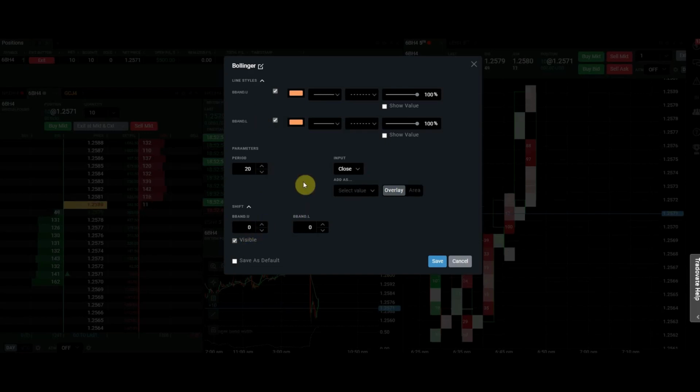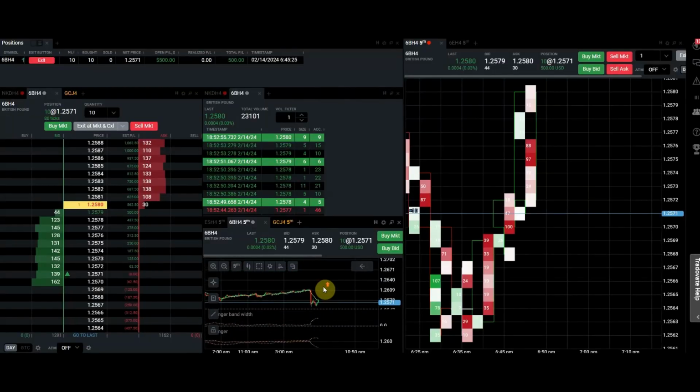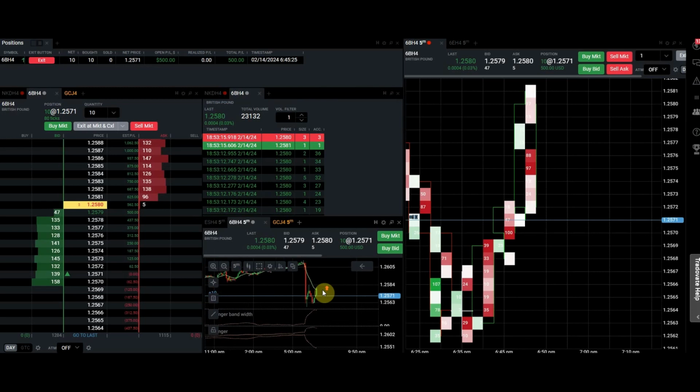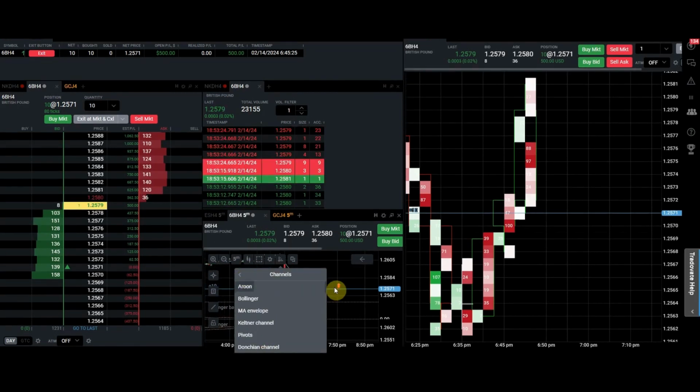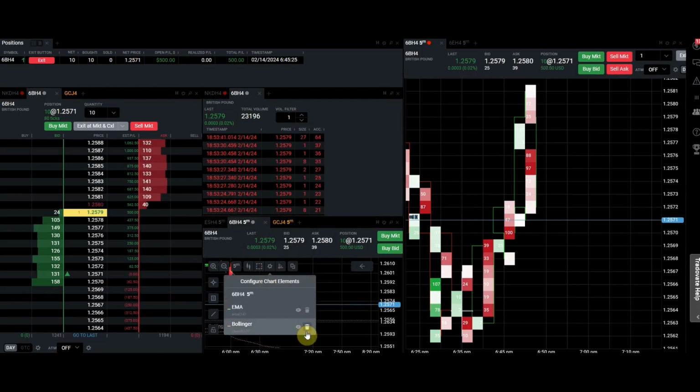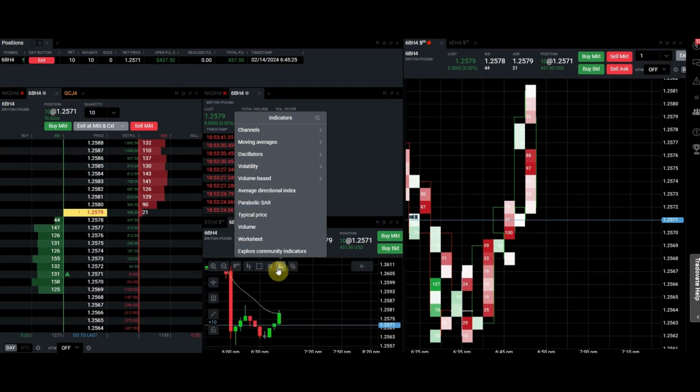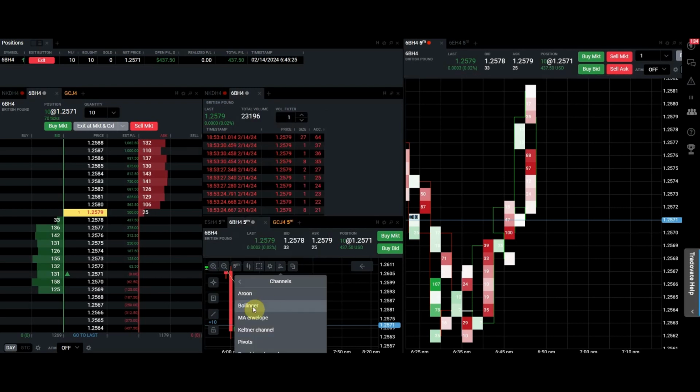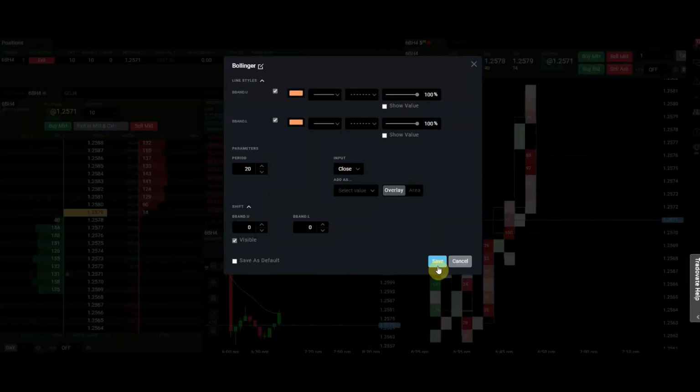So when I click this cog, I can delete the Bollinger Bands that didn't look right and go back to indicators and see if I can put them back on.